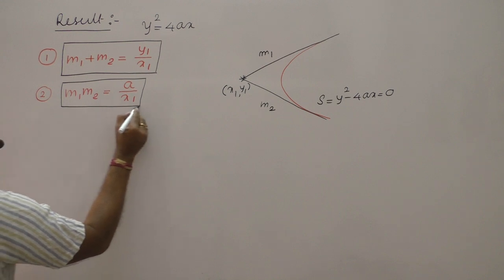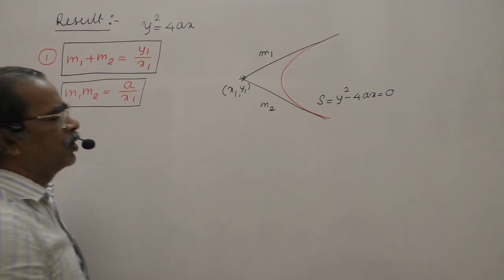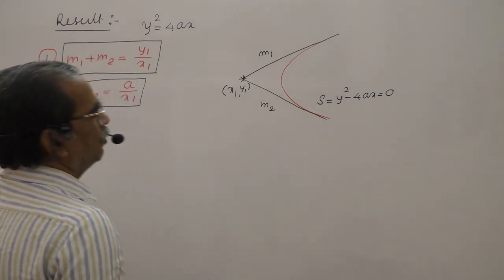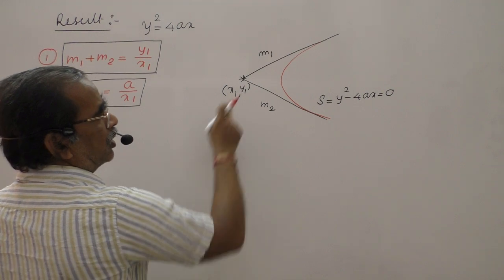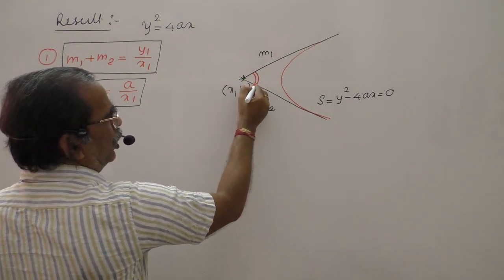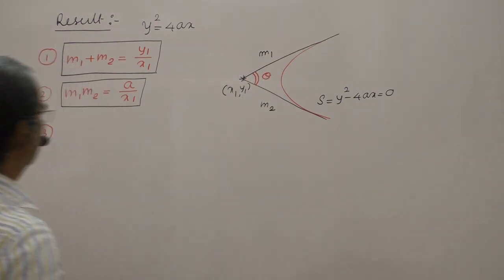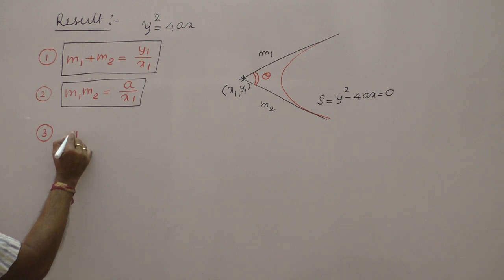Also we have one more. I am not going into the proofs; of course they are simple. These are the two tangents drawn from an external point. If the angle between these two tangents is theta, how to calculate theta? We have a formula for that.